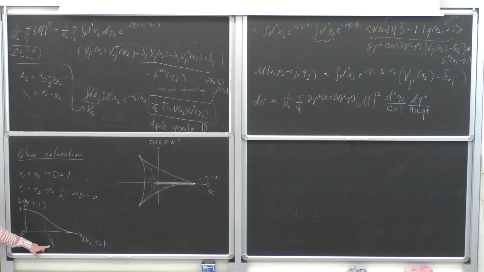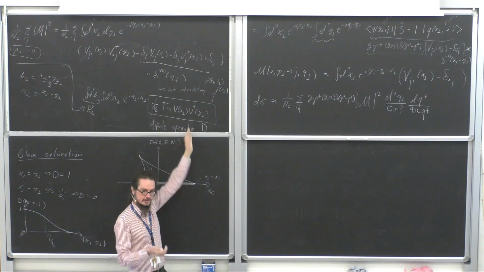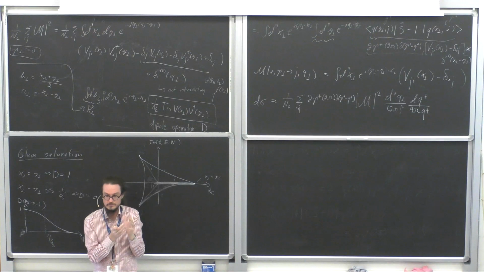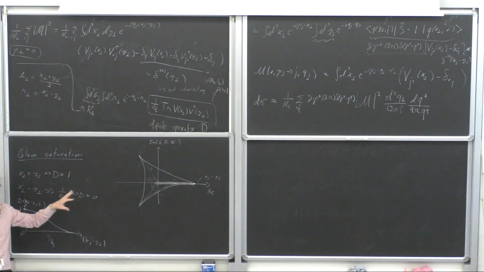This is called 1 over Qs, and Qs is the saturation scale. So Qs you can think of as a kind of correlation length of these Wilson lines. When x and y are closer than this correlation length, the Wilson lines are close to each other, and when x and y are further than this correlation length, they are uncorrelated.